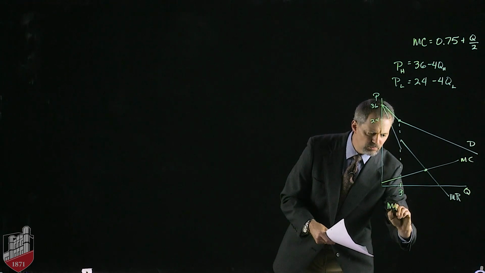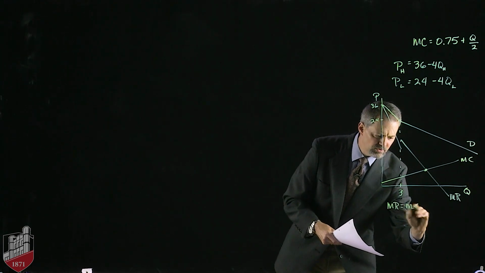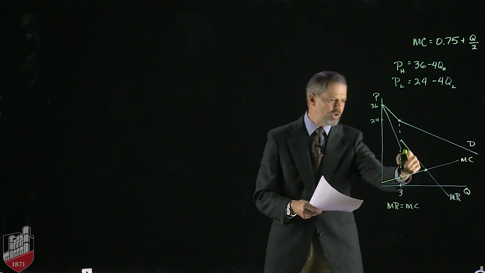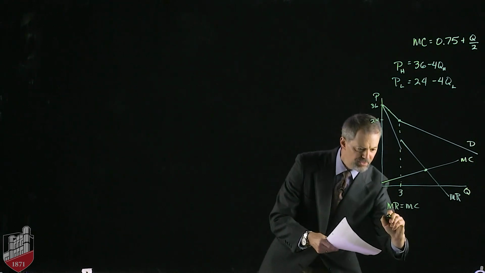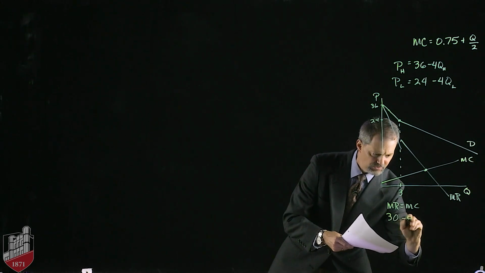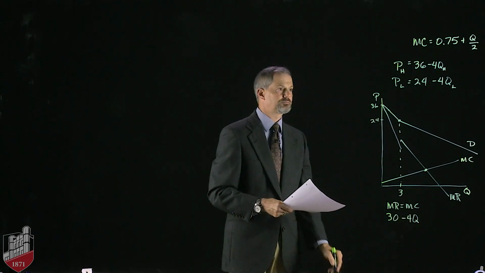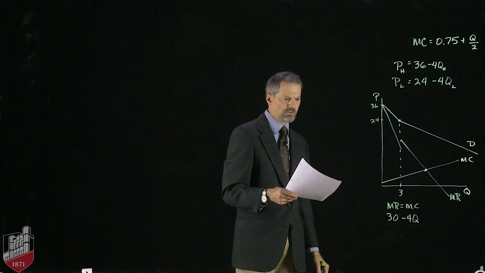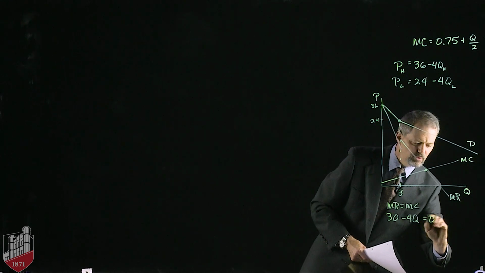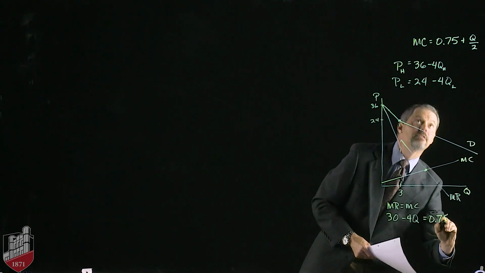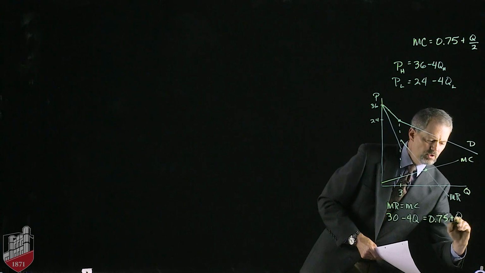Let's say marginal revenue equals marginal cost. Marginal revenue, what we saw for this portion, that was 30 minus 4Q. That's our marginal revenue. And we're setting that equal to marginal cost, equal to 0.75 plus Q over 2.